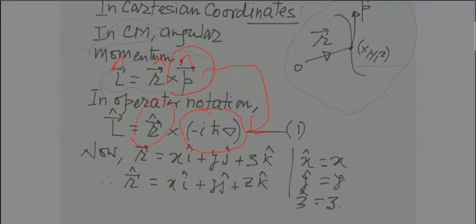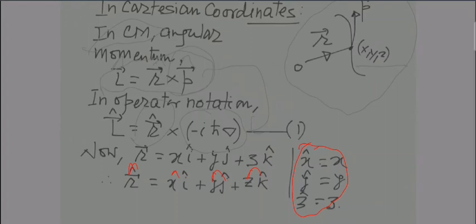Now for r hat, it will look like x hat, y hat, z hat. I had already told you that they simply mean multiplication by x, so x hat i cap will mean x i cap.